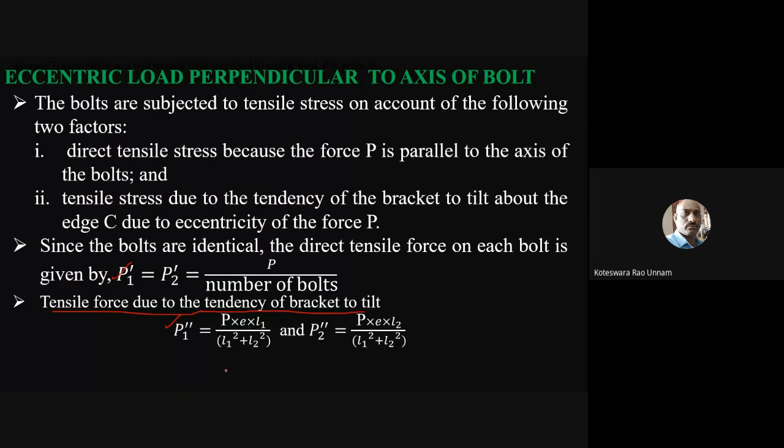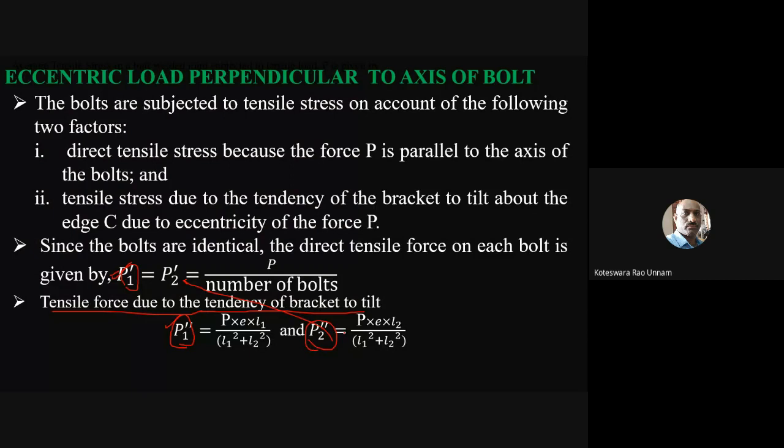Since both are tensile forces, you simply add them to get the total tensile force acting on each bolt. That means you have to add P1 dash and P1 double dash, provided P1 double dash is going to be the highest tensile force. If not, if P2 double dash is the highest force, you have to add P2 dash to P2 double dash, and so on.